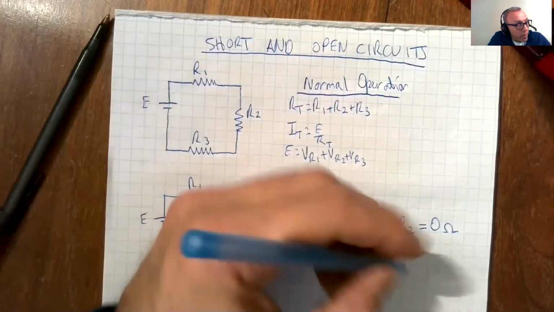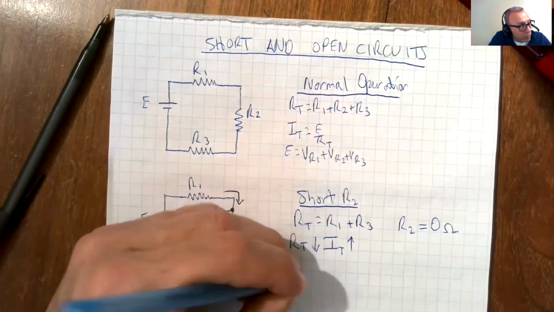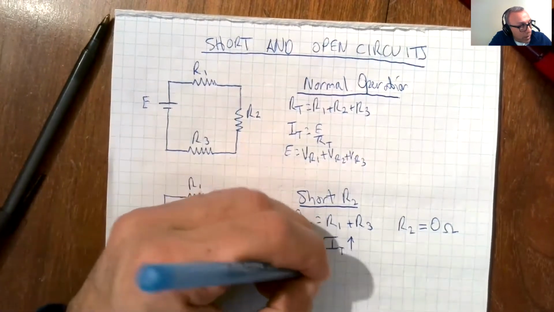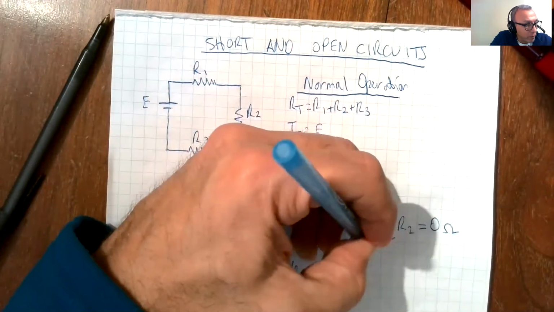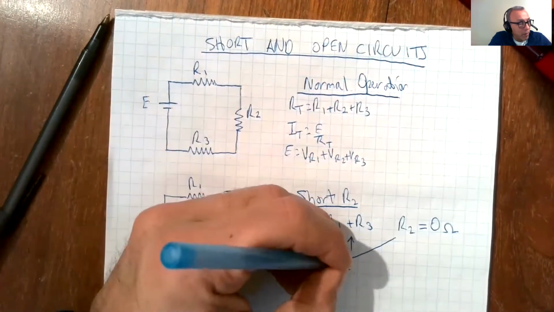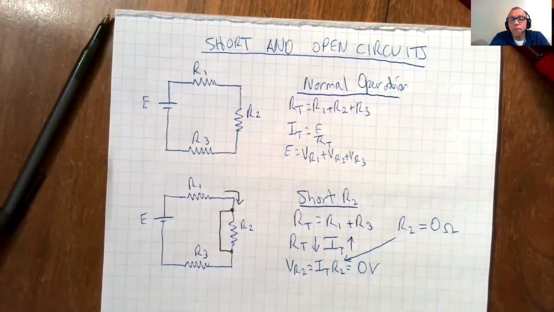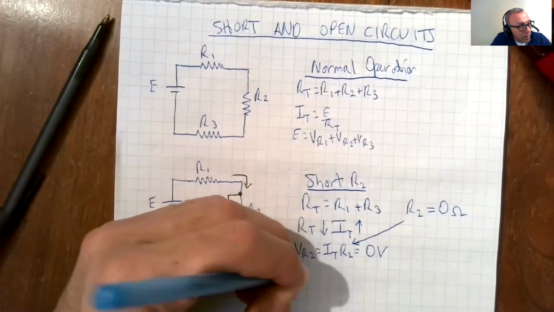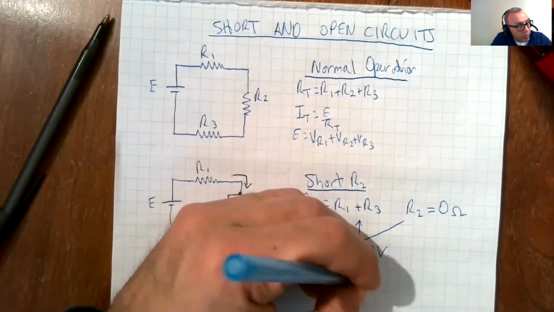And if this is shorted, since VR2 is equal to IT times R2, and R2 is equal to 0, that means VR2 is equal to 0 volts. Because if you took the voltage across a wire in the circuit, it would be 0 volts because the resistance is 0. E is still equal to VR1 plus VR2 plus VR3.